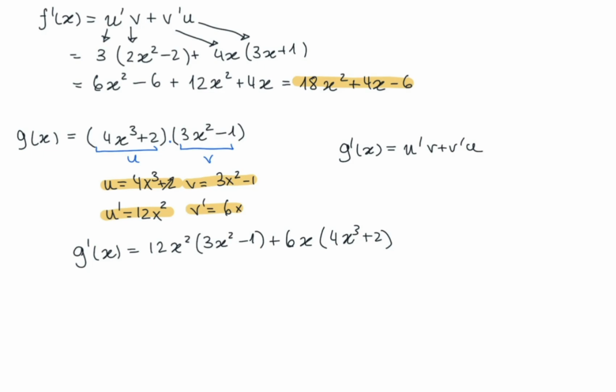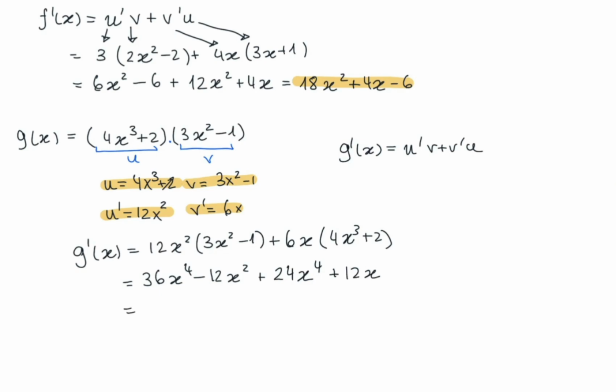And of course you can distribute. So 12x squared times 3x squared is 36x to the power 4. 12x squared times negative 1 is negative 12x squared. 6x times 4x cubed will give us 24x to the power 4, and 6x times 2 will give us 12x.